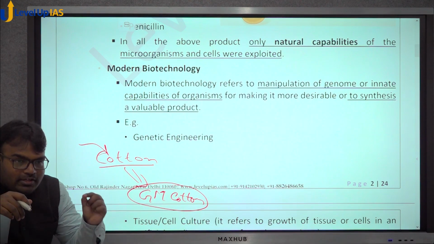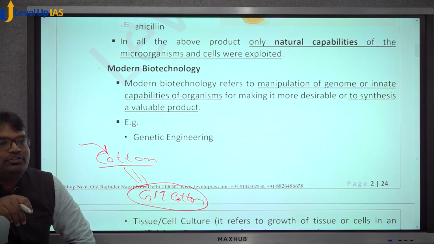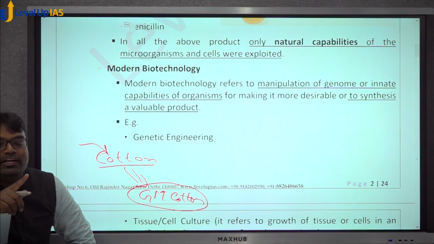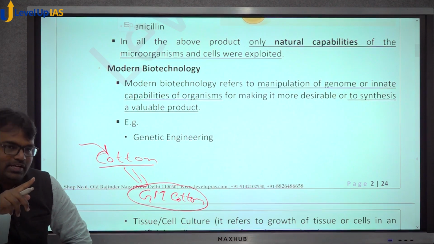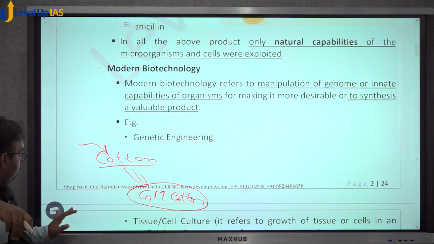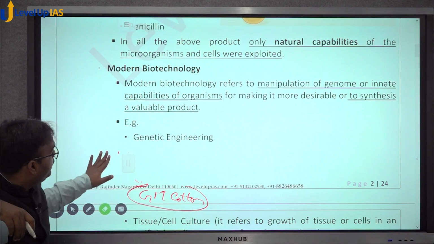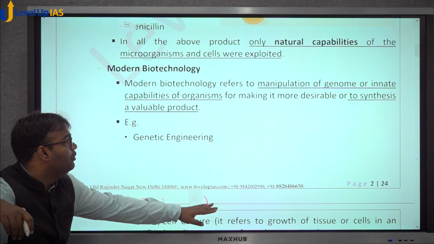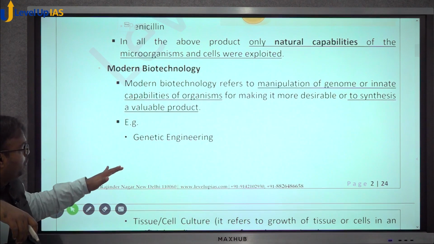If you modify the inherent property of algae to increase the rate of growth, it would become what? It would become modern biotechnology. You're understanding the difference? So in modern biotechnology, we manipulate the genome or innate capabilities of organisms for making them more suitable for our requirement.